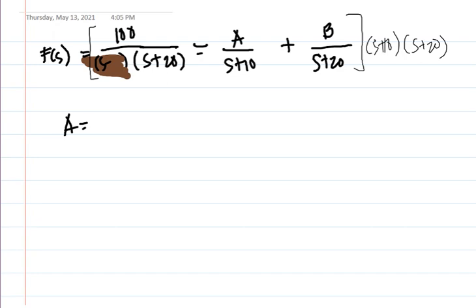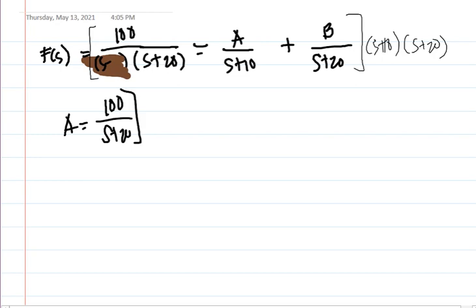What remains in my equation will be 100 all over s plus 20. Then I substitute, same as the process earlier, negative 10. So this is equal to 100 all over negative 10 plus 20.